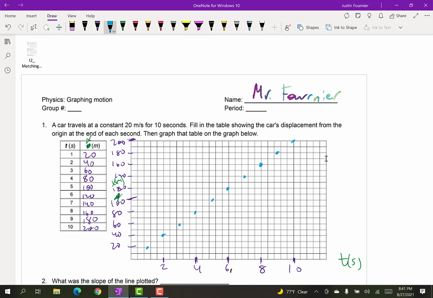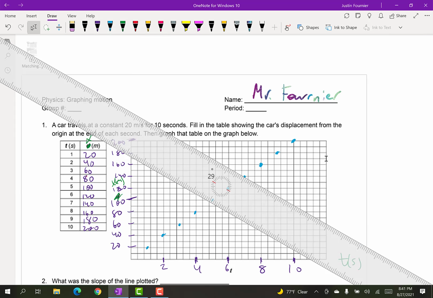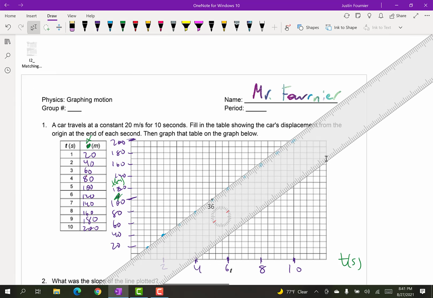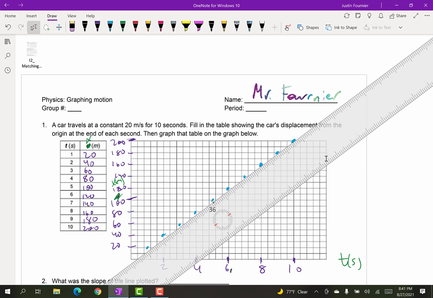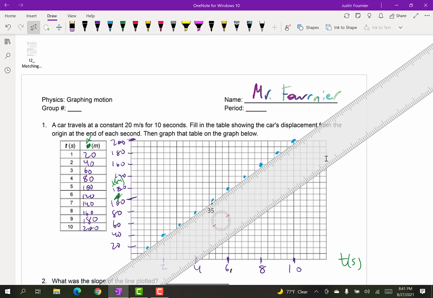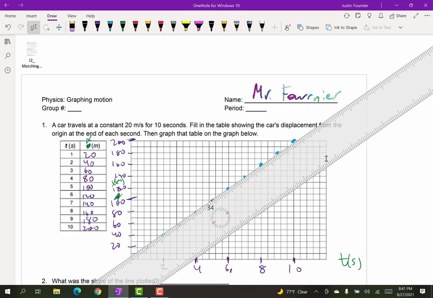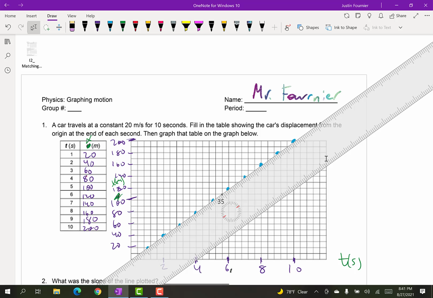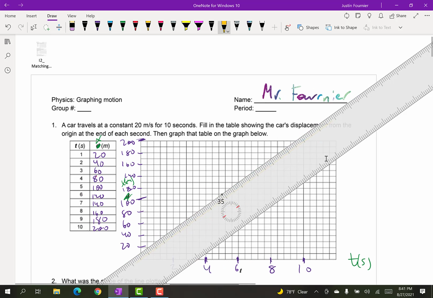And then at 10 I'll have 200 exactly. I can draw my best fit line. There you go.